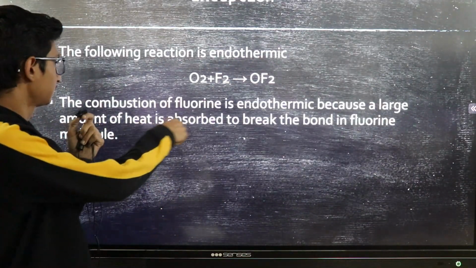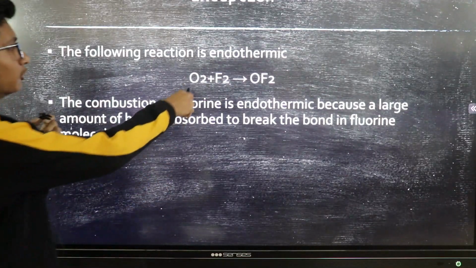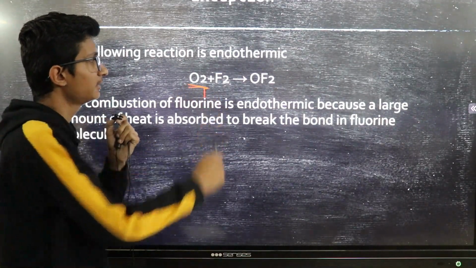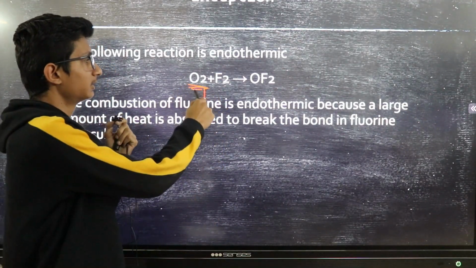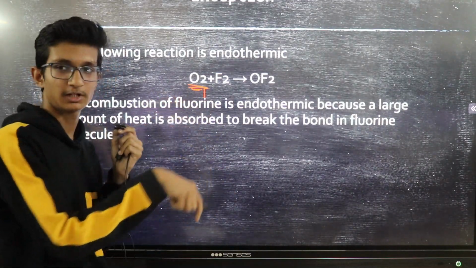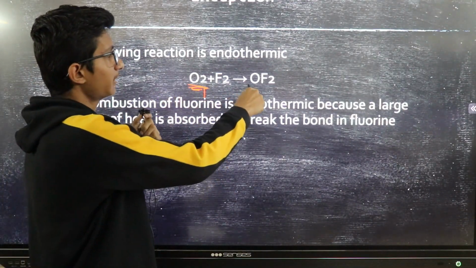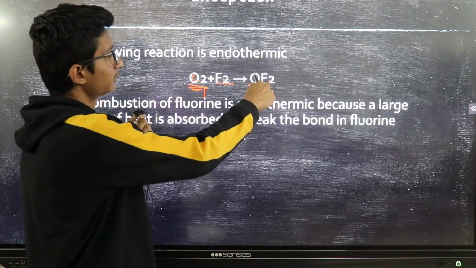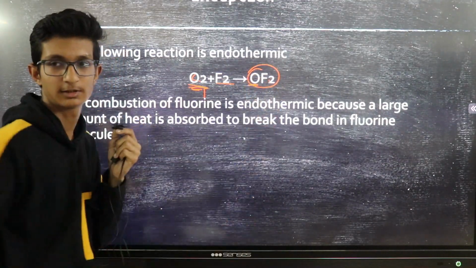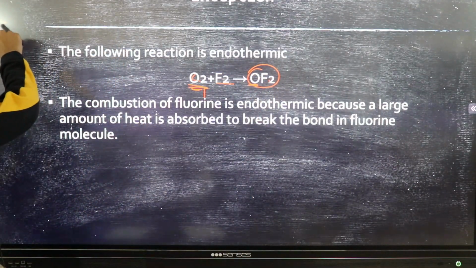Also, oxygen has a tendency to accept electrons, but the opposite is happening here, as oxygen is getting attached with fluorine. That's why this reaction is endothermic.